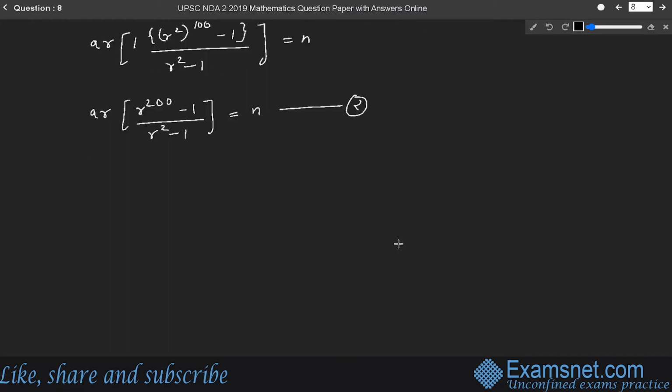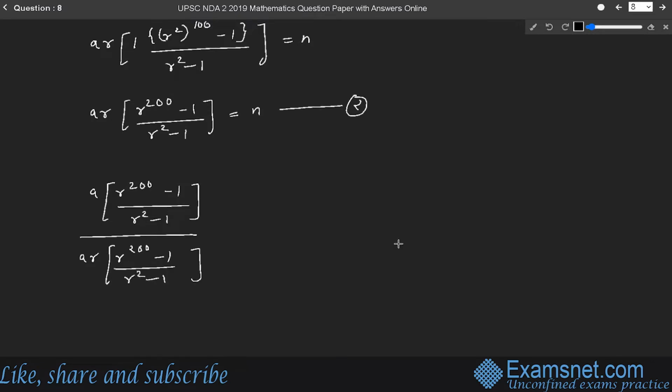We have two equations. So on dividing equation 1 by 2, we get A into R power 200 minus 1 divided by R square minus 1, divided by AR into R power 200 minus 1 divided by R square minus 1. It is equal to m by n.